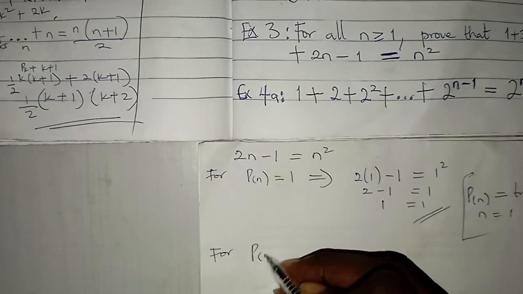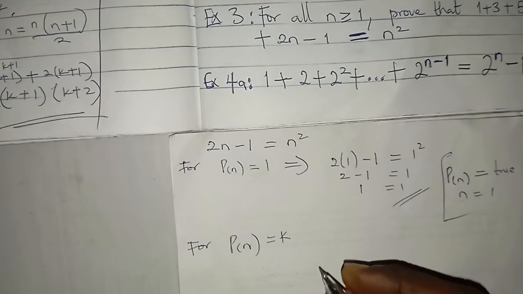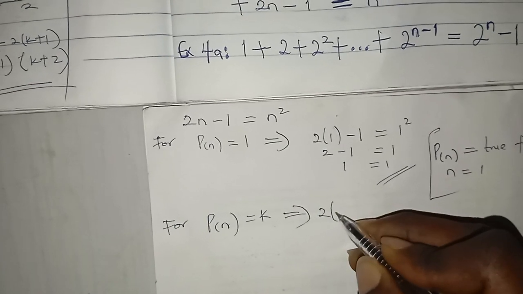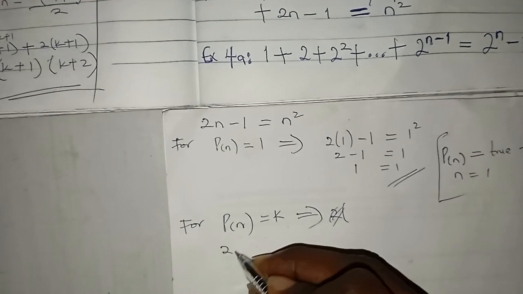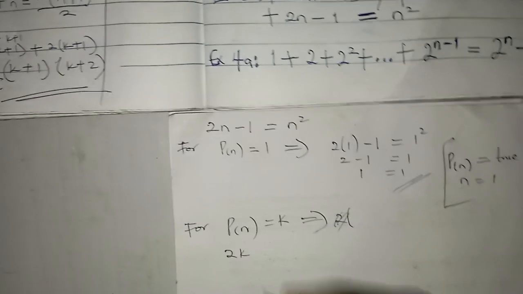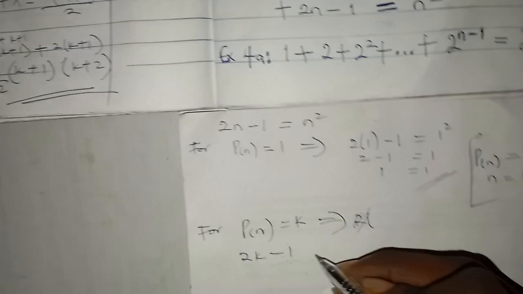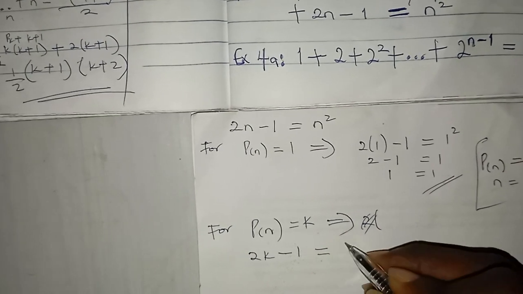So for P of n equals to k, let's try to prove. So I have 2k minus 1 equals to k square.